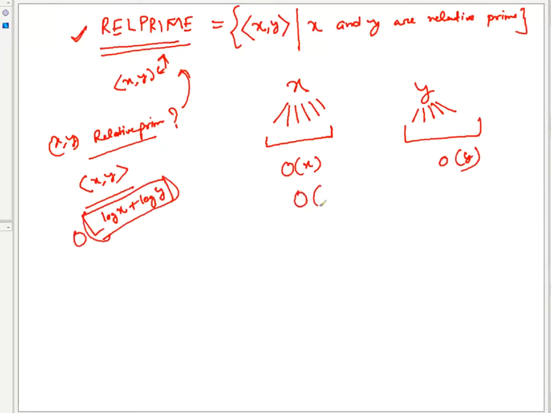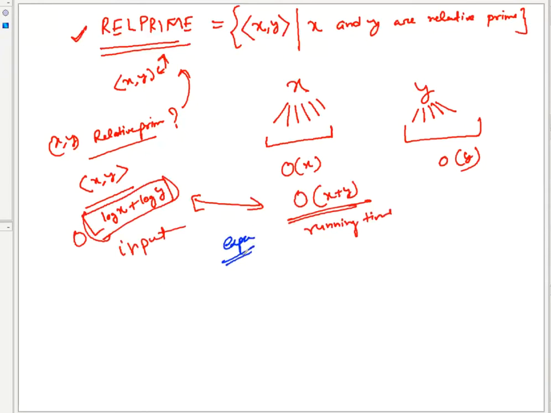It is order of X plus Y. What is the relationship between this? This is the input, this is the running time. Certainly exponential, not polynomial. So we have to find some other algorithm.